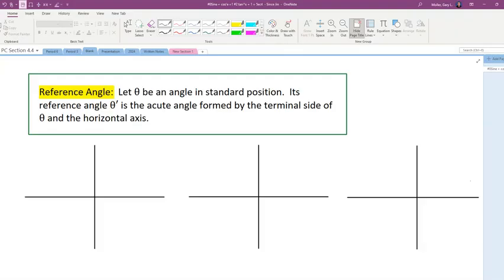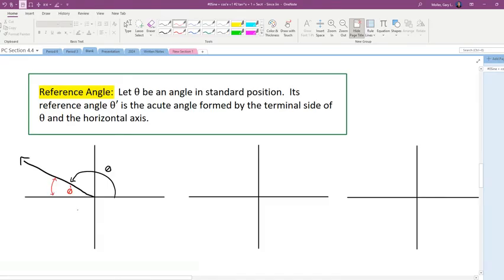Okay, so let's say we have some angle whose terminal side ends over here in quadrant 2. So they're saying this is theta. And then theta prime, or the reference angle, is the angle that is right here. It's the acute angle formed from the terminal side and the nearest horizontal axis, right? So we're talking about this angle right here.